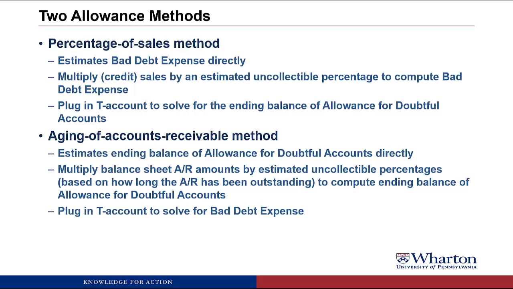For example, accounts receivable outstanding for less than 30 days will have a smaller percentage than accounts receivable that have been outstanding for more than 90 days. Once you multiply all the accounts receivable by the percent of them you expect not to collect, it'll give you an ending balance for allowance for doubtful accounts. You plug that into your T account and that'll allow you to solve for bad debt expense.